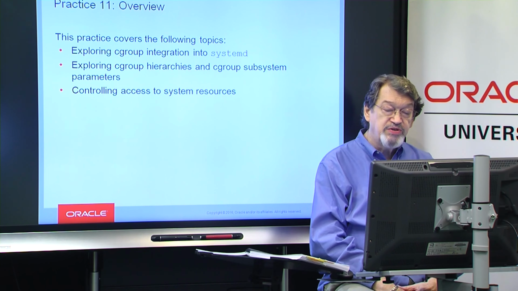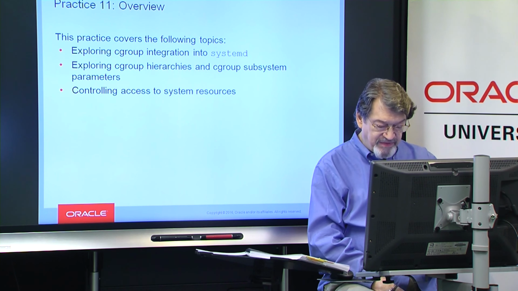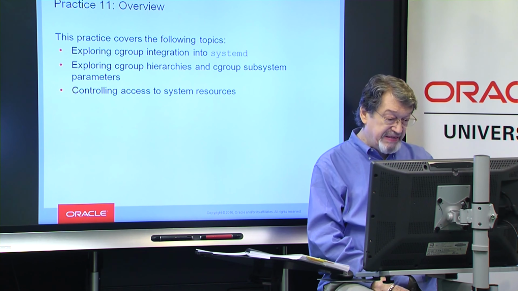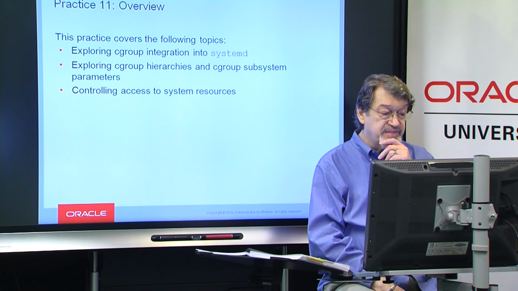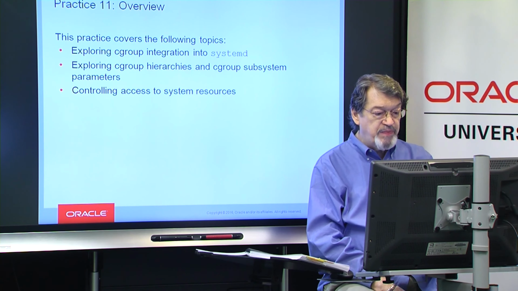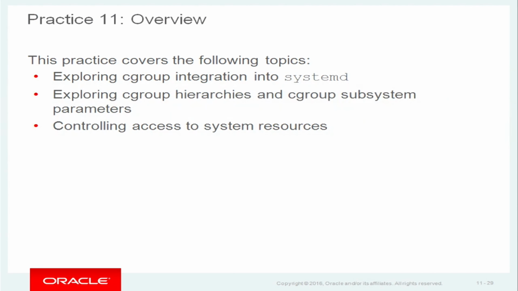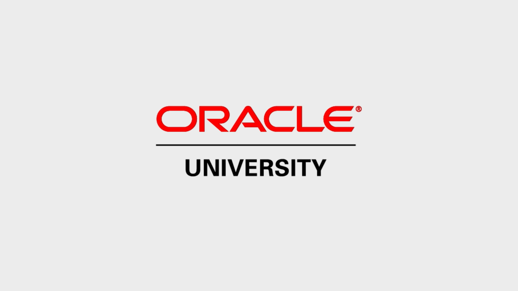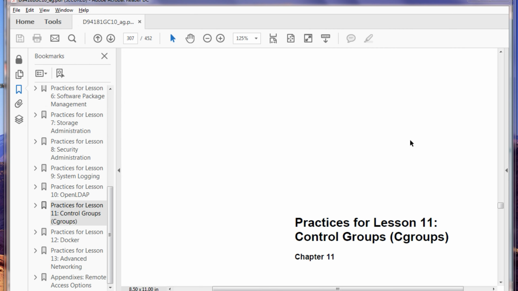So we're going to explore cgroups and the way they have been integrated into systemd. We'll explore cgroup hierarchies and cgroup subsystem parameters, and controlling access to system resources. This lab is worthy of your attention. All right, this is practices for control groups.